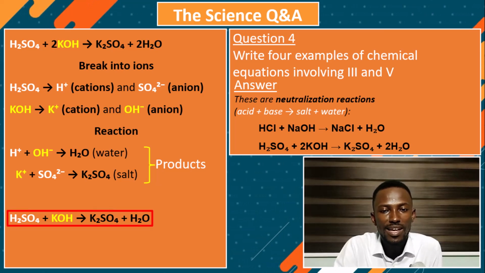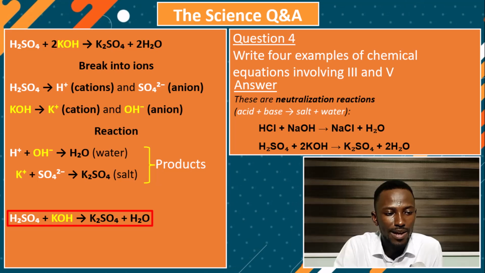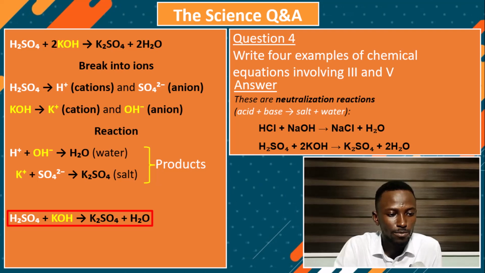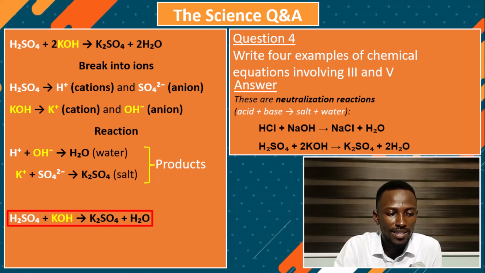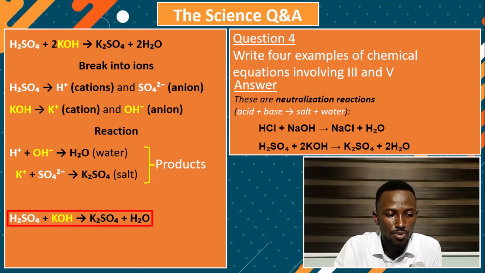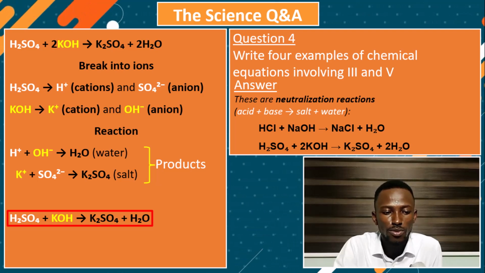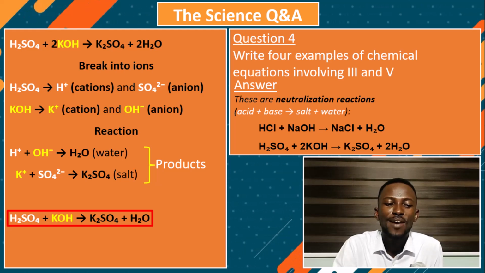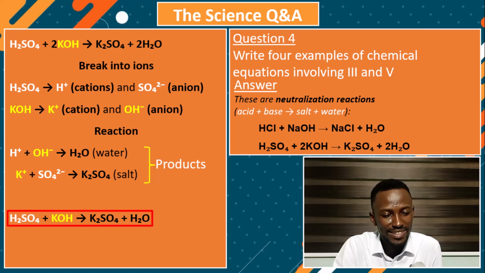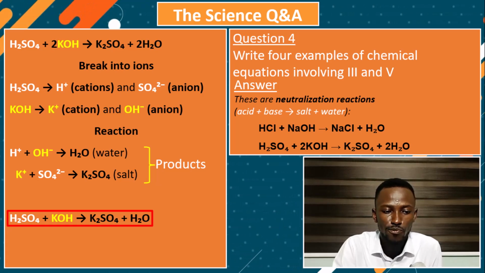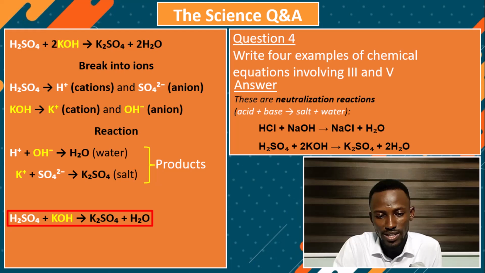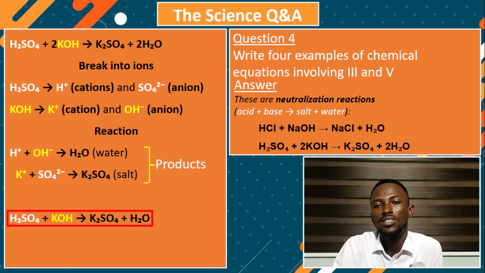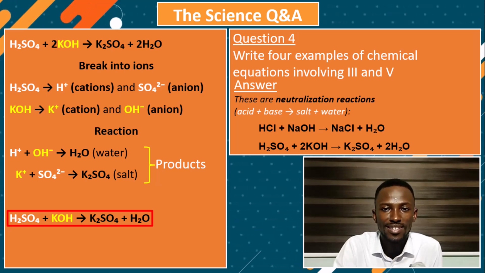The reactants are H2SO4, the acid, and the base KOH, potassium hydroxide. These two react to give us the product K2SO4, potassium sulfate, plus water. Now this is our reaction between an acid and a base to form salt and water. And remember, a reaction between an acid and a base to form salt and water is known as a neutralization reaction.